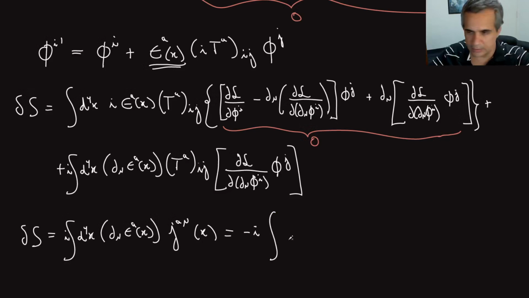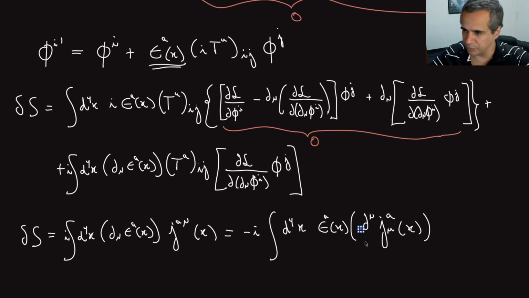Which is that I'll just put the derivative here, epsilon a of x del mu j mu a of x. This will be useful in a second. You see, the whole point is that I needed this expression. I need to write the variation of a Lagrangian under that transformation in terms of the Noether current, right?